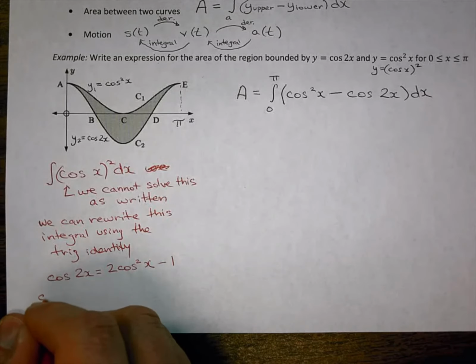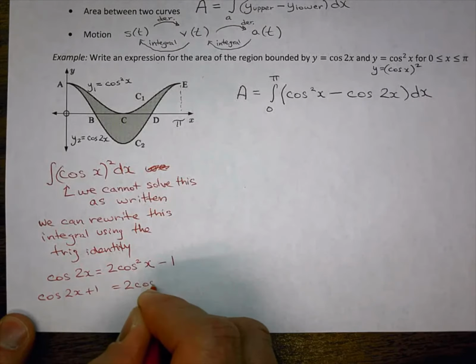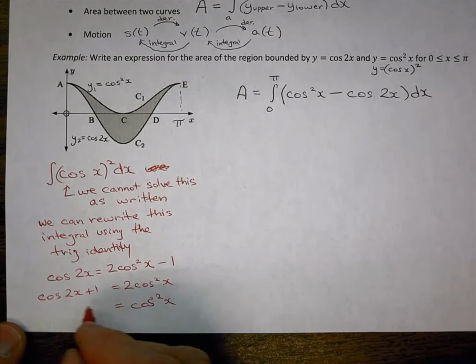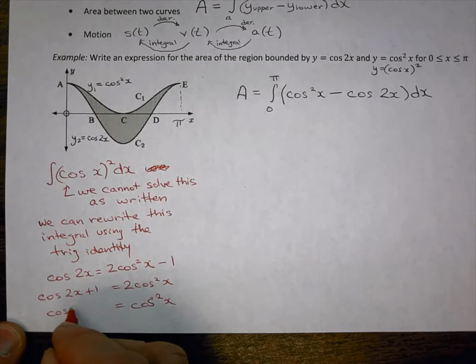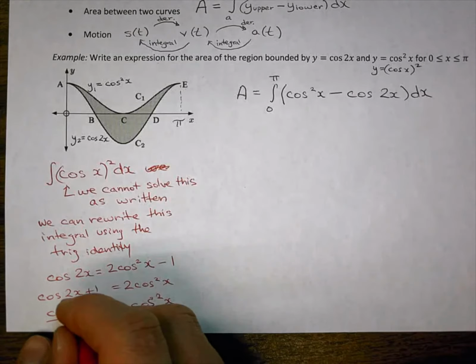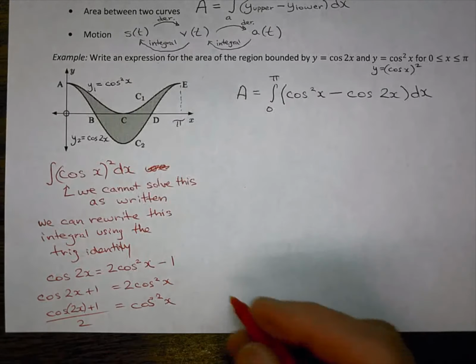That's the one from my formula sheet. Now I have cos 2x plus 1 equals 2 cos squared theta. So now cos squared theta is equal to (cos 2x plus 1) divided by 2. That's very neat, right? So now I can sub that in.